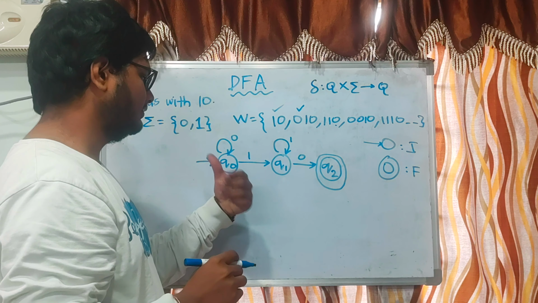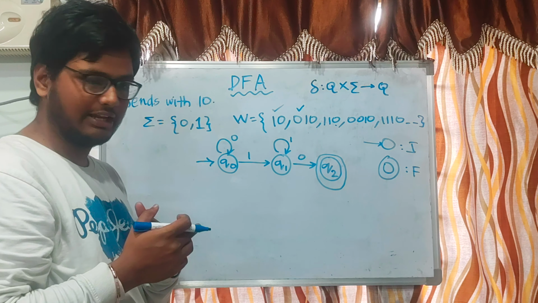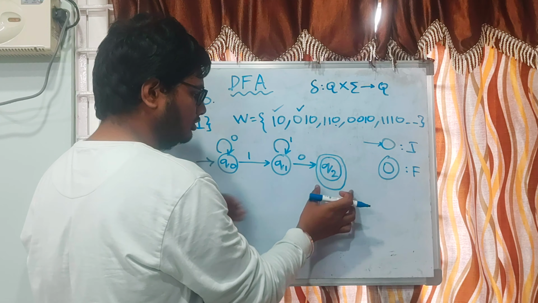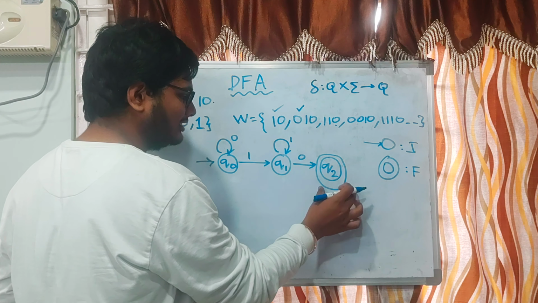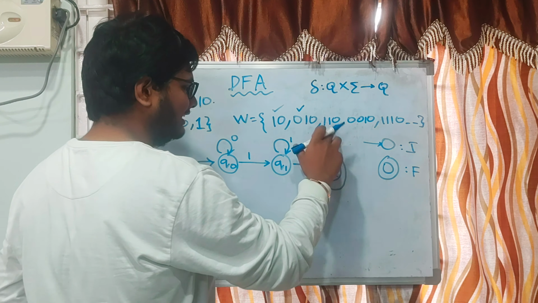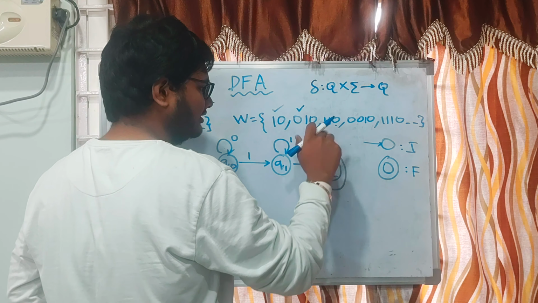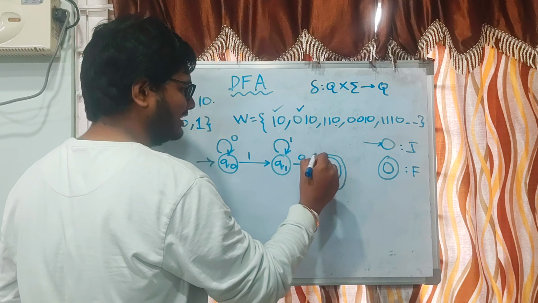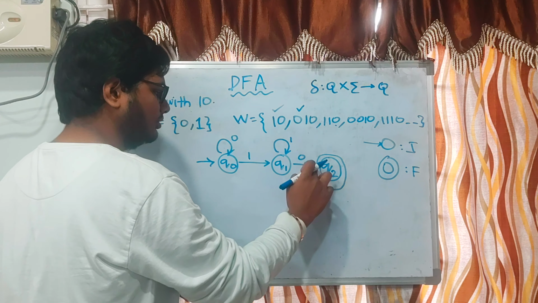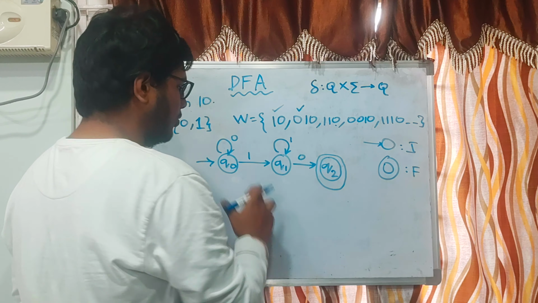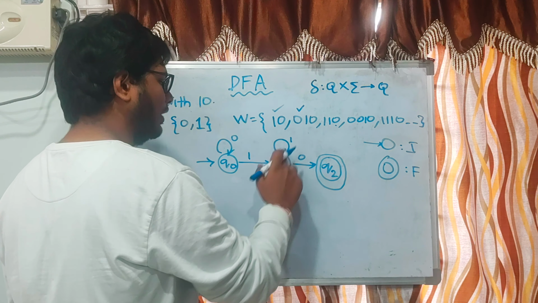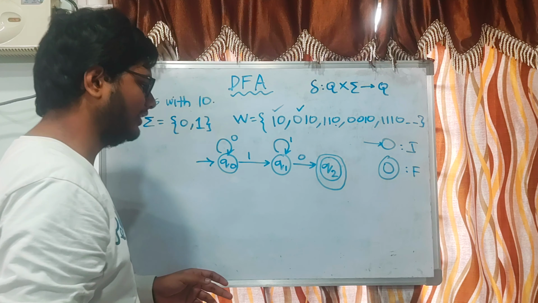Now we got transitions, but we are not done yet because we don't have transitions from Q2 on 0 and Q2 on 1. Now let us execute the next string, that is 110. 110 is completed. Sorry, 0010, it is going to the final state. 1110, it is also going to the final state.